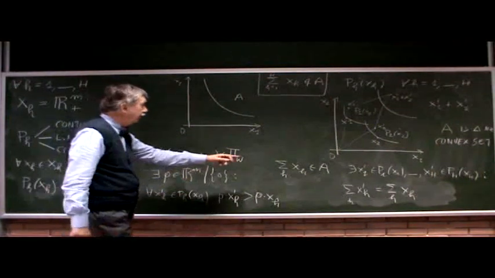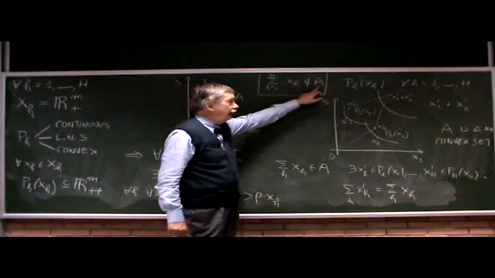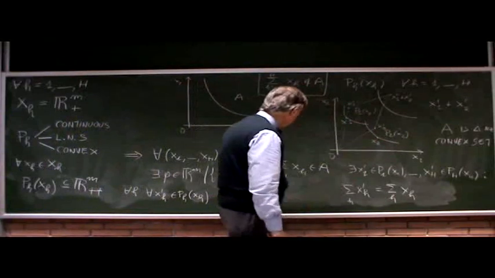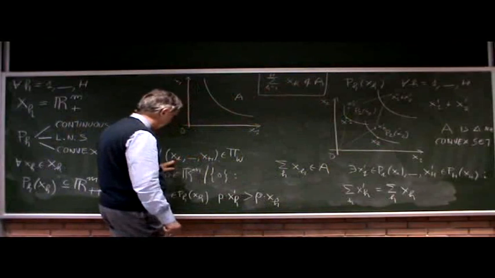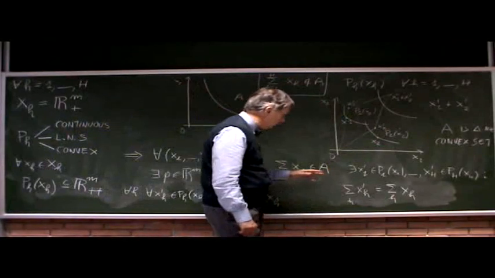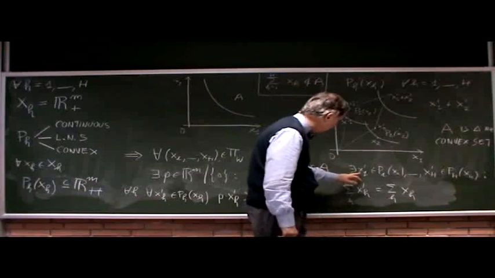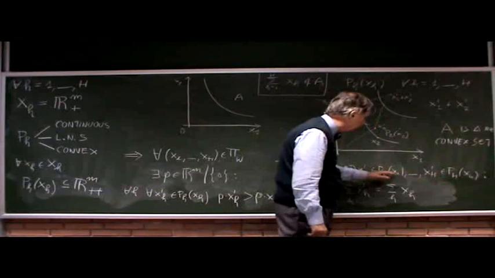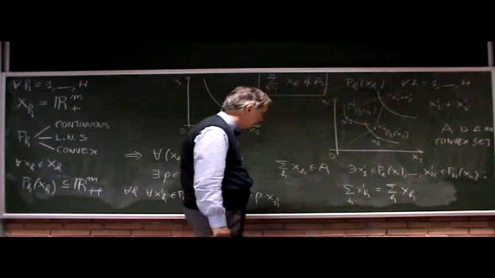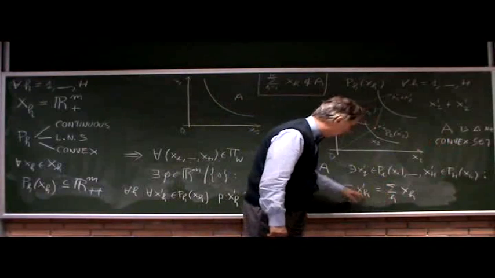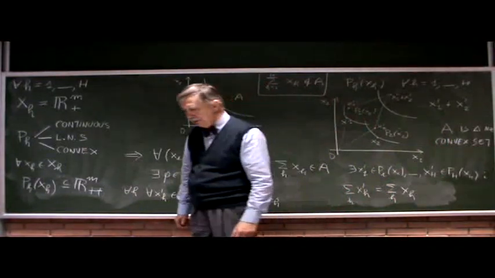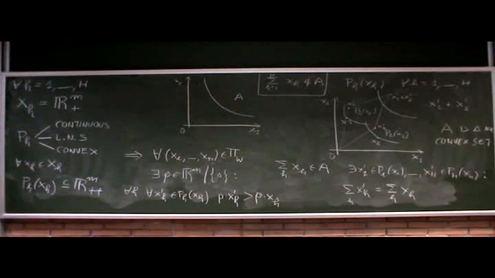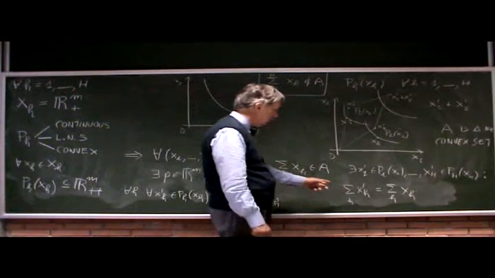Because if this point were an element of A, since A is the sum of elements of the preferred sets of the vectors in the Pareto optimum, it is assured the existence of x prime 1 through x prime h, each of them referring to x1, etc., xh, such that this equality holds. It is necessary, by definition. But is it possible?